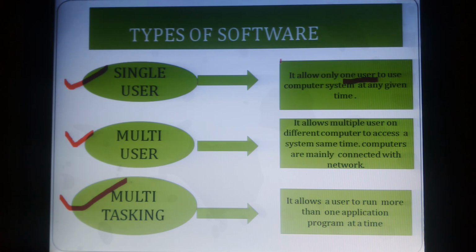Now I am taking one best example for multi-user. Single user means only one user can use it at a given time. Multi-user means multiple users. Suppose I have three computer systems, and only one printer is connected to those three computers.